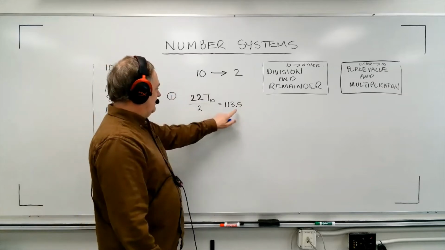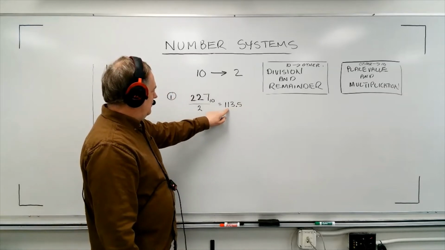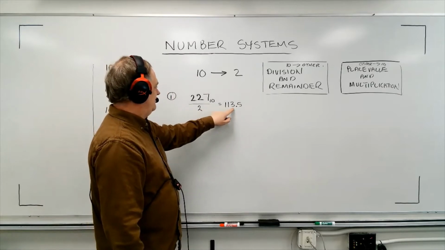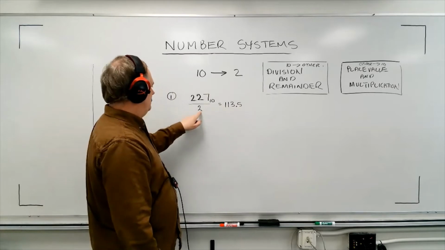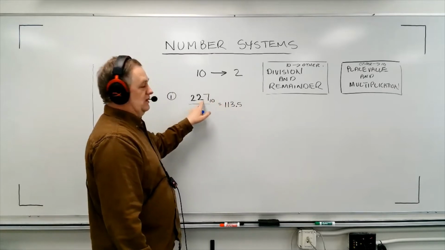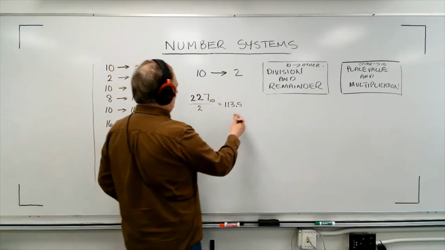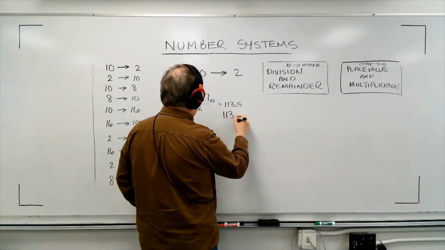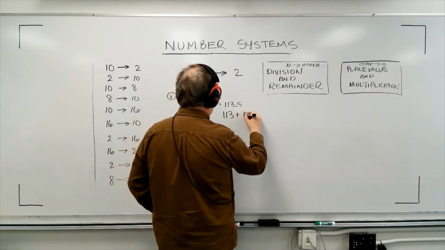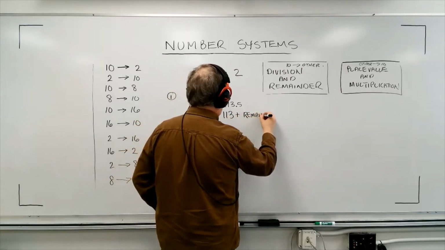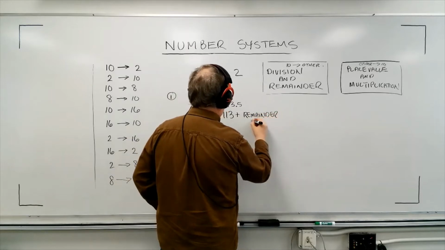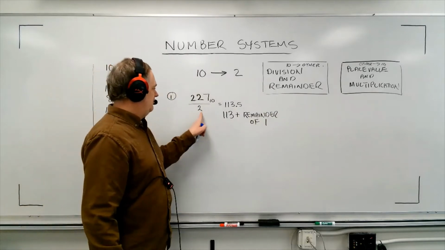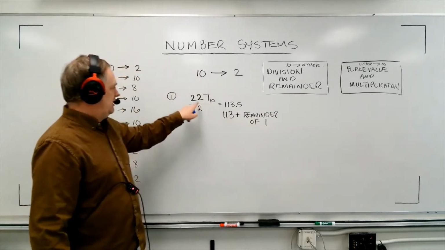So what that really is saying is if I took 113 times 2 would be 226, and then I took 0.5 times 2, that would be 1, and that would be my 227. So what this really means is my answer is actually 113 plus a remainder of 1. 113 times 2 plus 1 equals 227.